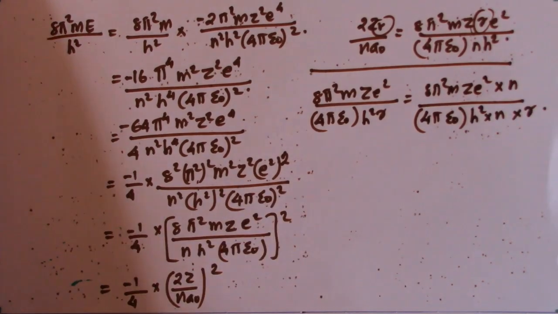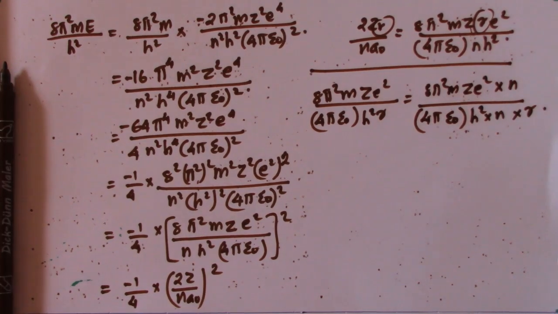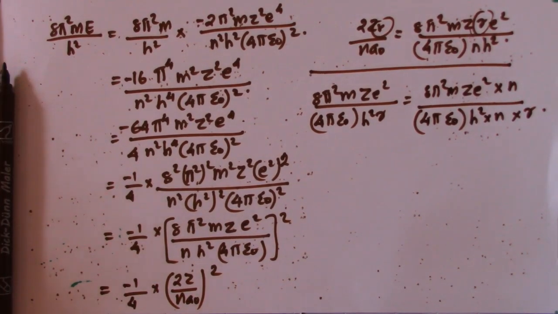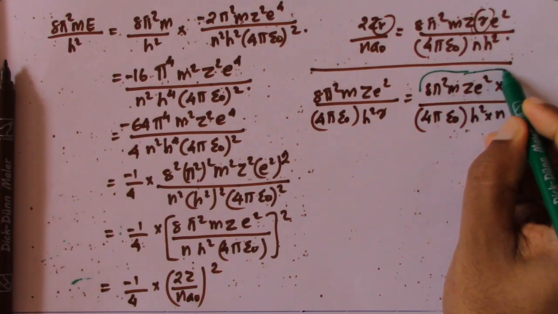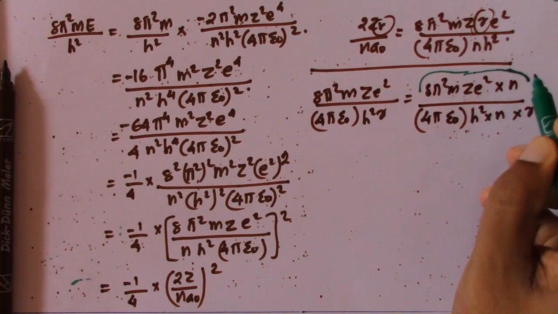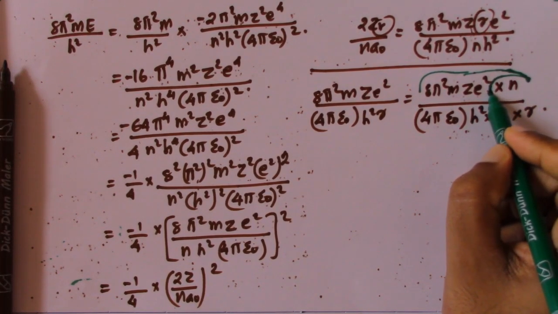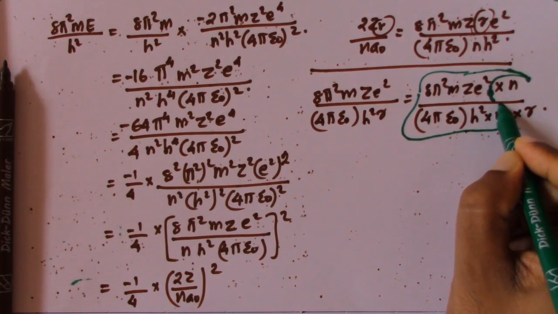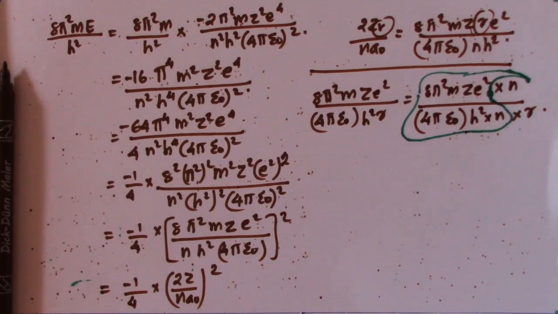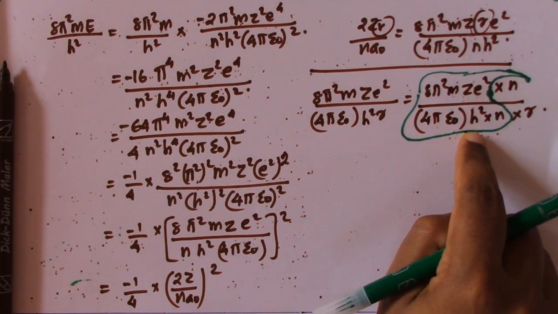So I am again taking my green pen so that I will round a set of parameters that is familiar to you. 8 pi square m z e square divided by 4 pi epsilon 0 n h square.